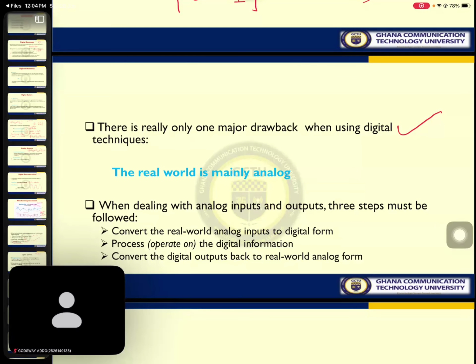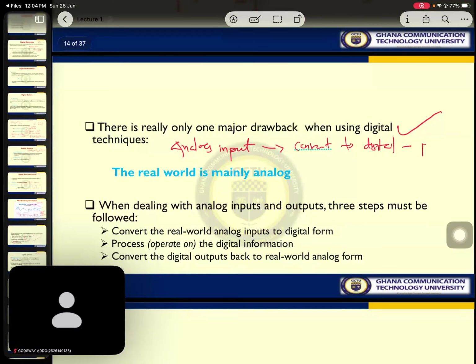It basically means that I have an analog input, I convert it to digital, and from here it should process it digitally. Then it needs to convert back to analog, because if it doesn't convert it back to analog, it will be very difficult for you to interpret the output.